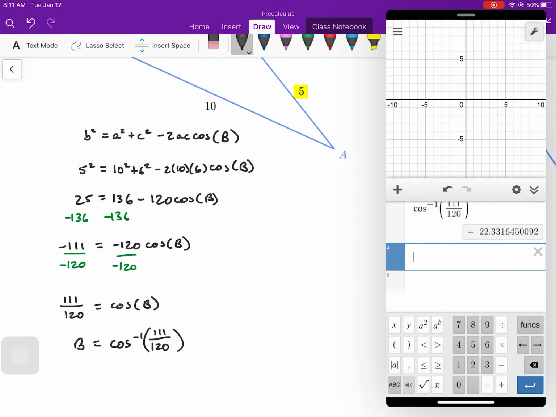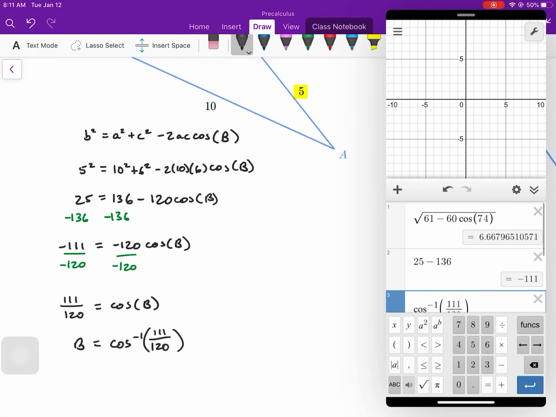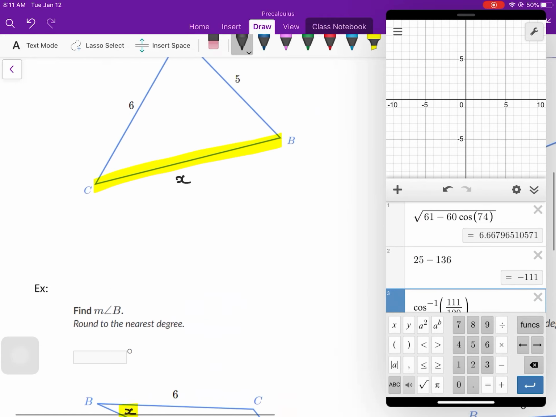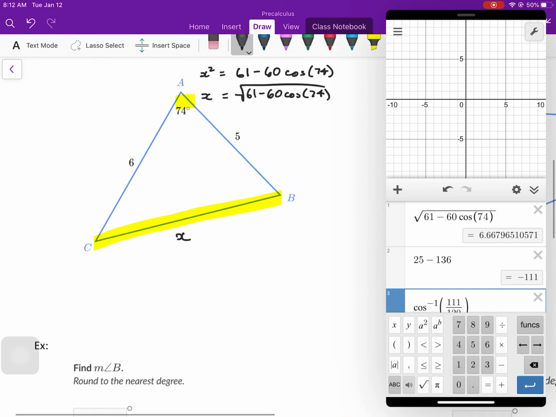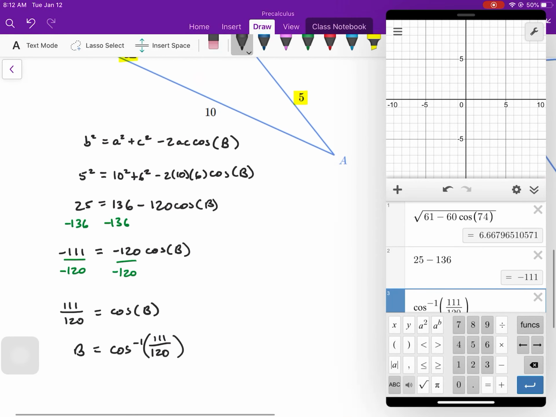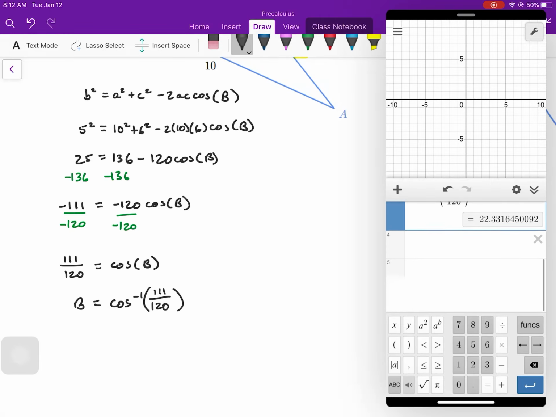So I need to go back and double check that last one. Yeah, I did that last one wrong because I was in radians. Rookie mistake, right? So that's going to be 6.67. And then over here, we'll have 22.33.